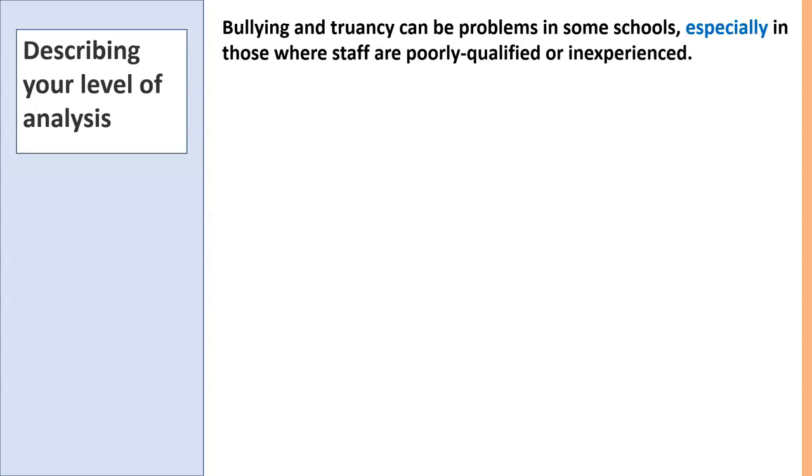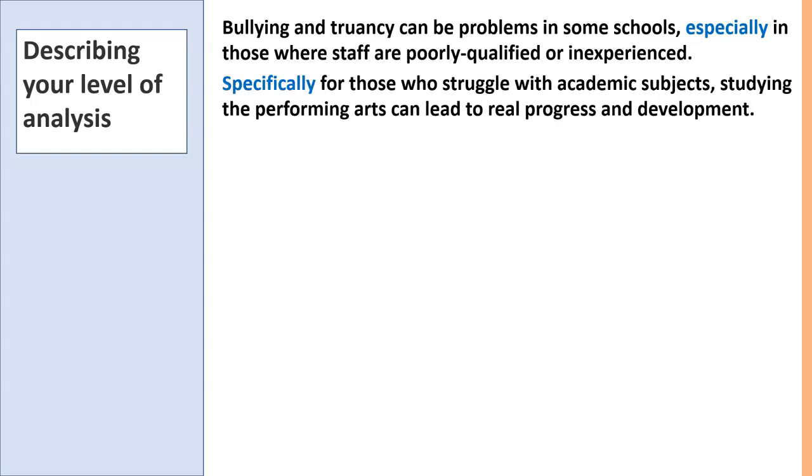We often want to describe our level of analysis, so we'll show an example. Here we use the word especially, so we mean that we're referring to one particular area. We're being specific, not general, and in a moment you'll see the words specific and general. So we can use specifically here to indicate that we are really referring to those who struggle with academic subjects.